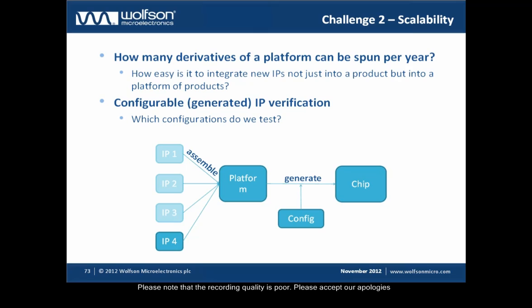Do you verify the entire configuration space? Probably not. It takes time. You just target the customer solution which you're interested in? Probably too little. So you need to find a balance there. The tools need to support basically that we cannot just verify the static IP, but also configurable IP, and show us which configuration has been verified already.